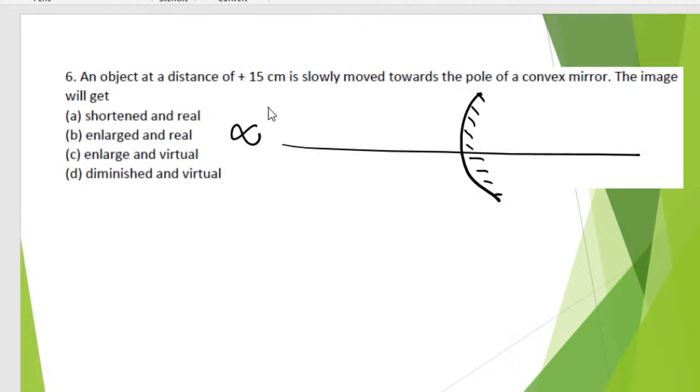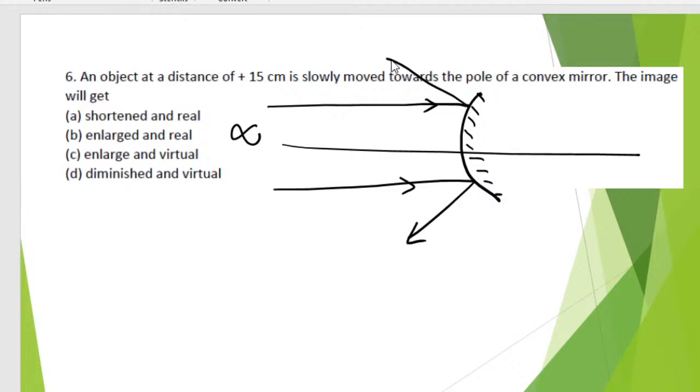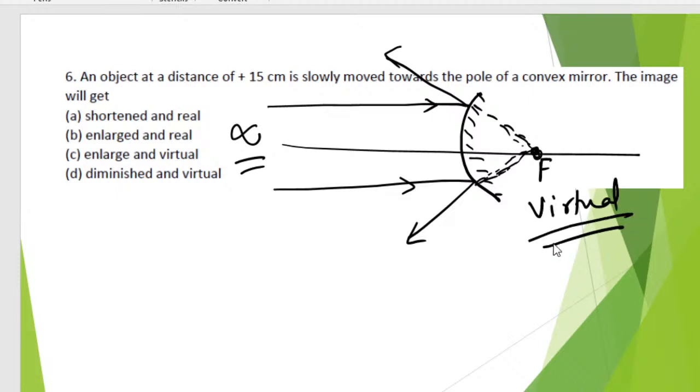Obviously rays will be parallel, because when rays come from infinity we take them as parallel. They reflect back in such a way that if you extend them, they meet at a single point, and that point is called the focus, which is a virtual focus only for a convex mirror. So when the object is at infinity, the image is at F, and it is virtual.